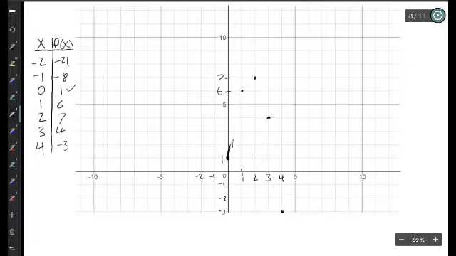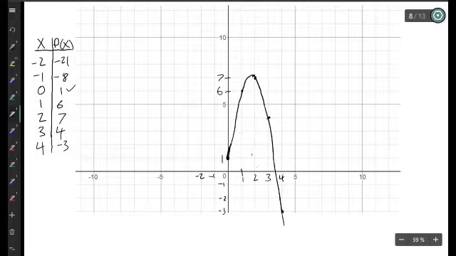And more on finding vertexes later. This is a case where you might think that this point is the vertex because it has the largest y coordinate, but really the vertex was a little bit before that point here.